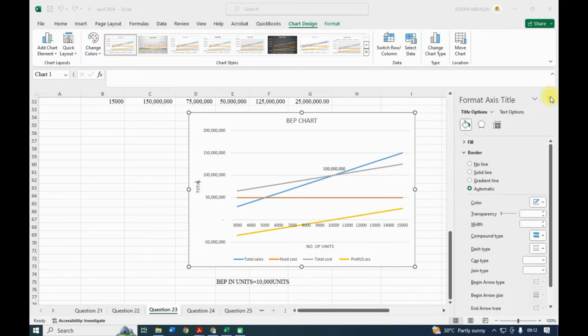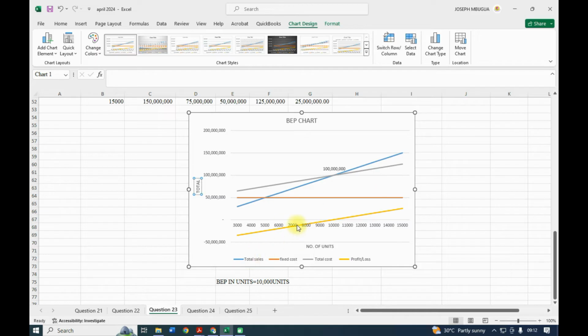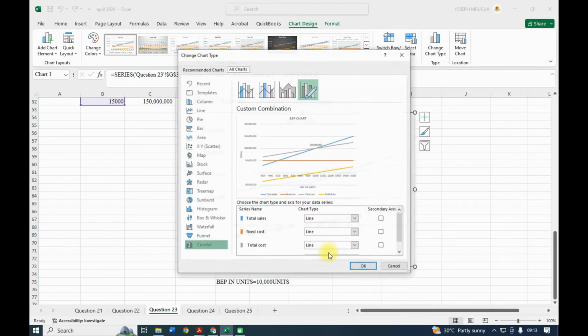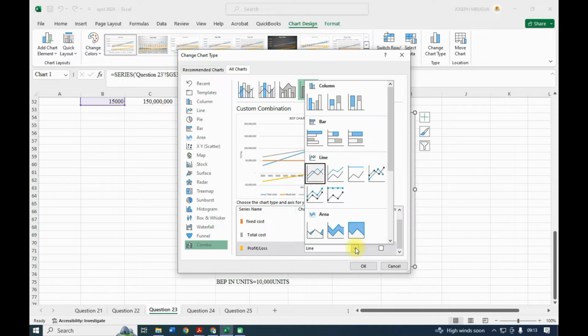The only thing we shall deal with is to adjust this. I will right click on this chart and change the series or chart type. Under the profit or loss, the line, we can change this from the line and use the area so that it can show the area where we have the profit and the area where we have the loss.